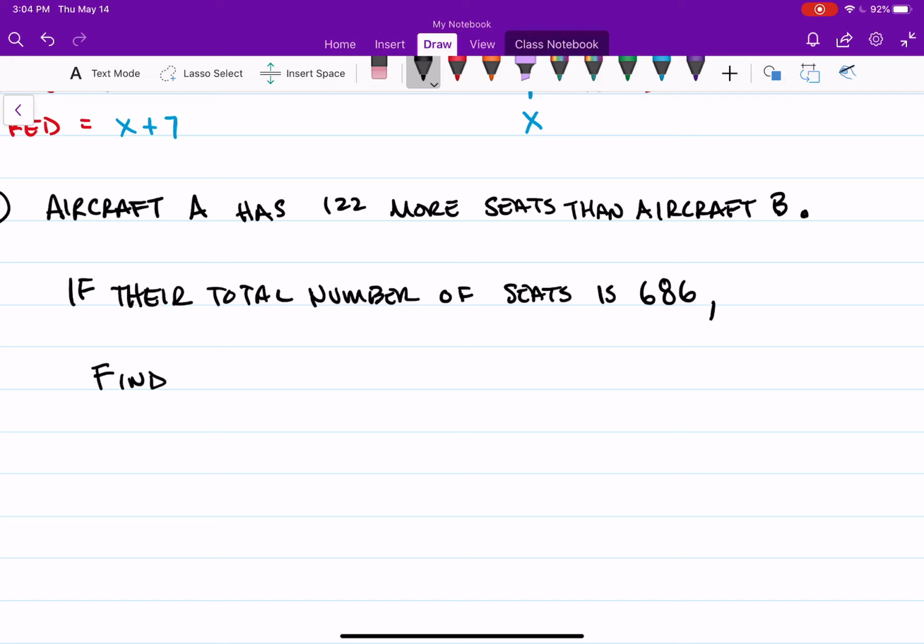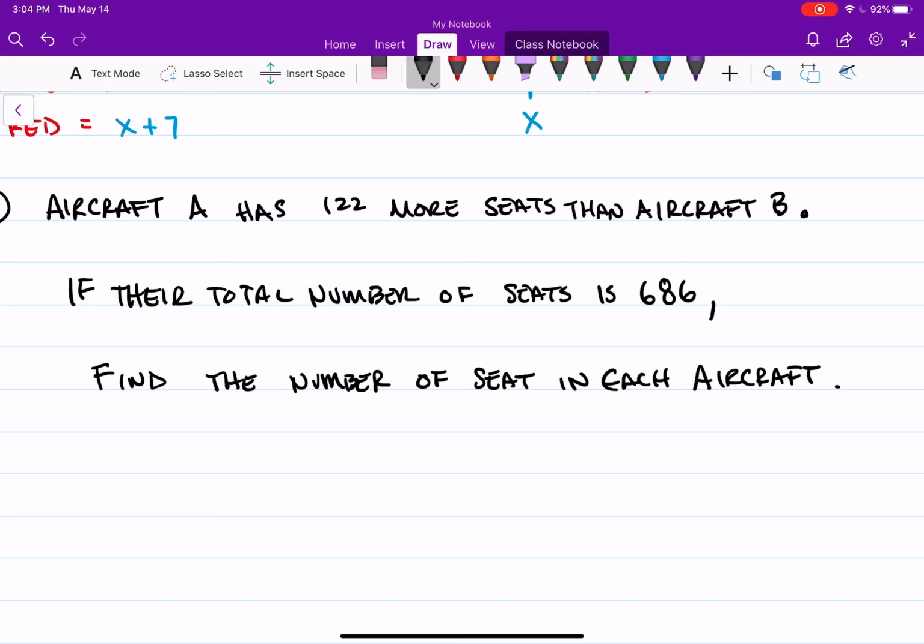Find the number of seats in each aircraft.